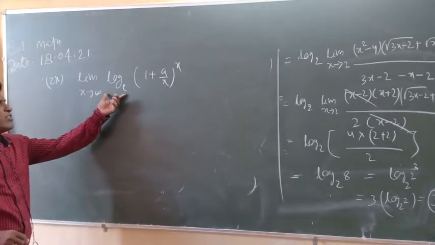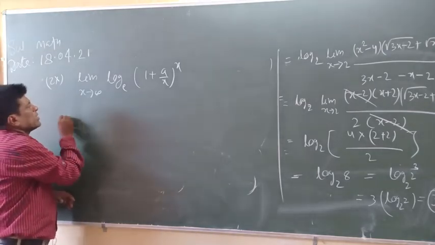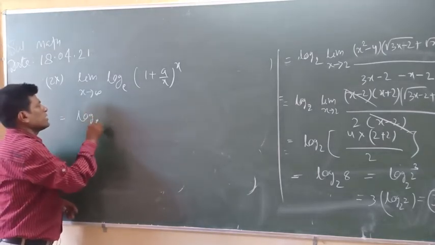Log is not a constant function, so we can take it outside of the limit, because here the only variable is x. So log is taken outside of the limit.